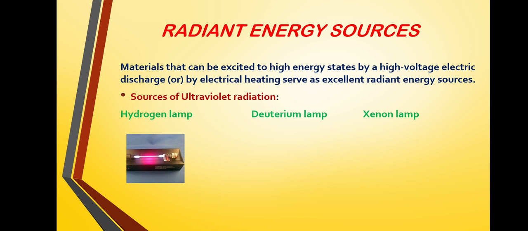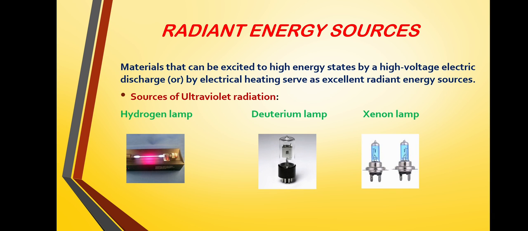It will look like this. Radiation produced by xenon lamp is not as stable as the hydrogen lamp. Therefore, mostly the hydrogen lamp or deuterium lamp is used as a source of ultraviolet radiation.